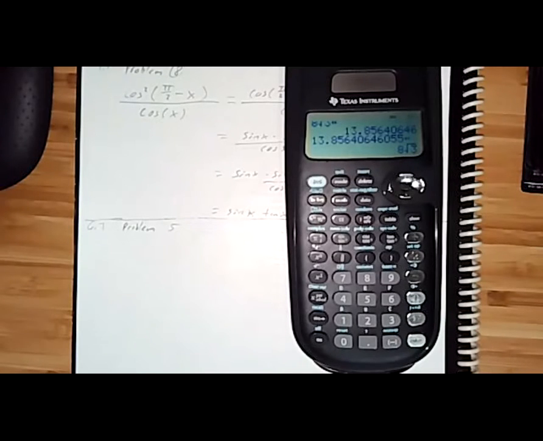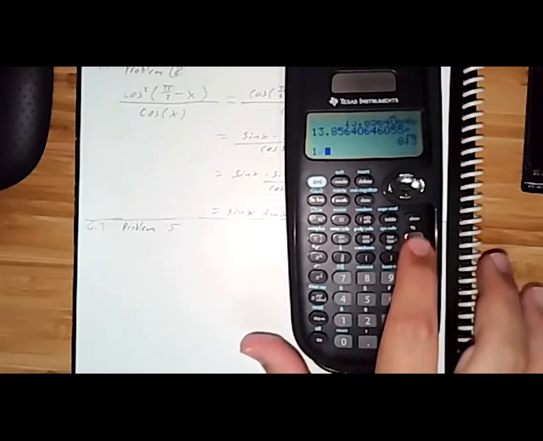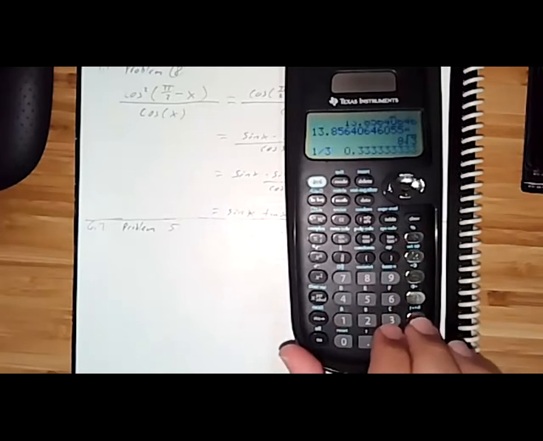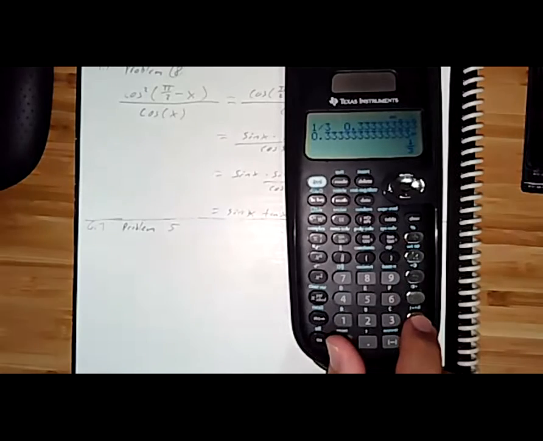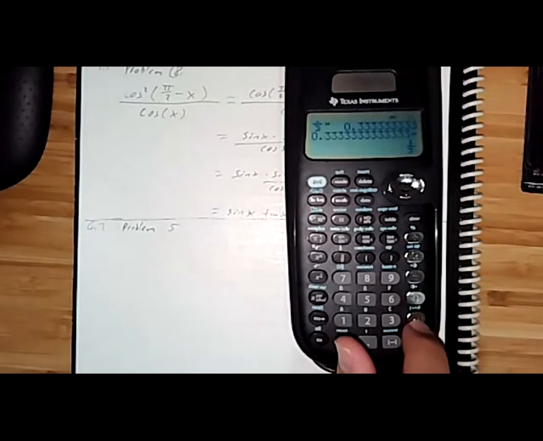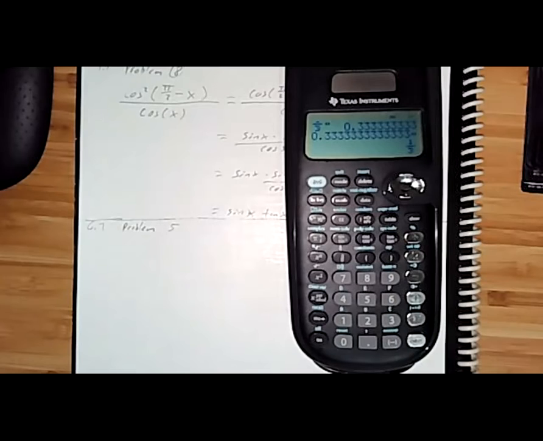Okay, let me try that. I just want to make sure I know how to do that. Like 1 divided by 3 is that, but you can also get a fraction, either or. Oh, okay. Let me write that down really quick so I know how to do that.